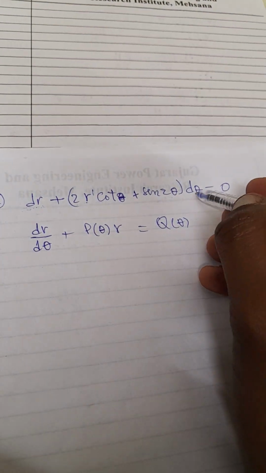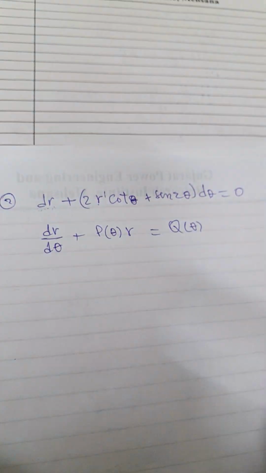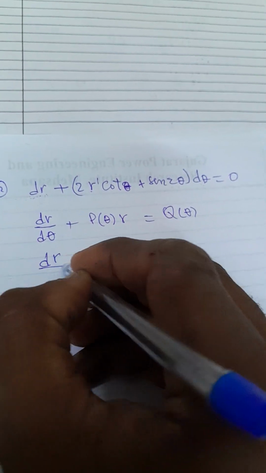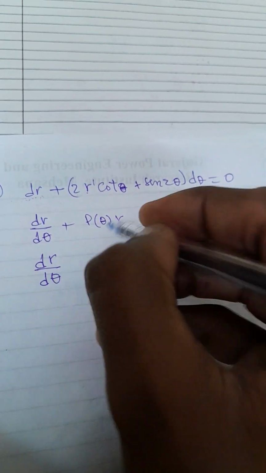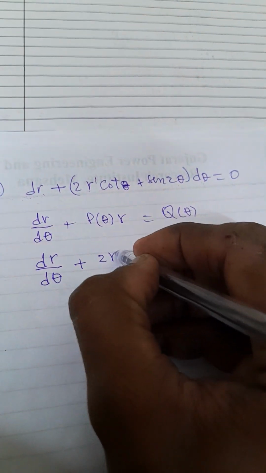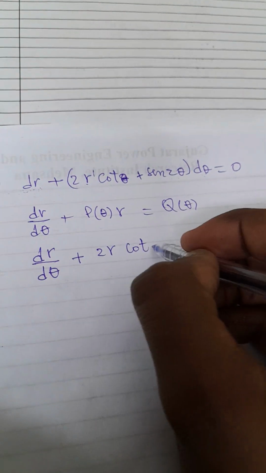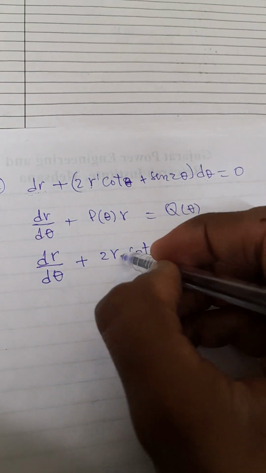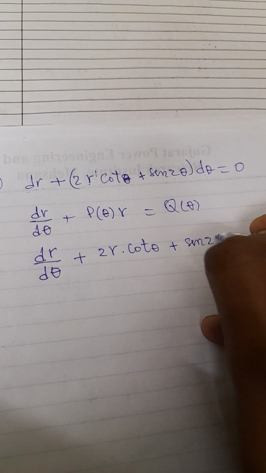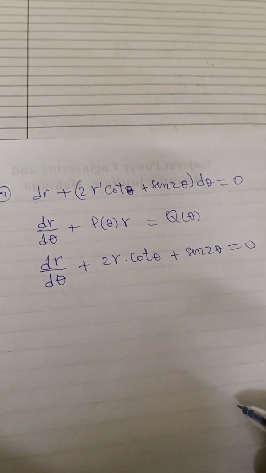How to reduce? Here we have d theta, just divide it all by d theta. What are you going to have? dr upon d theta plus 2r cot theta plus sine of 2 theta equal to 0.